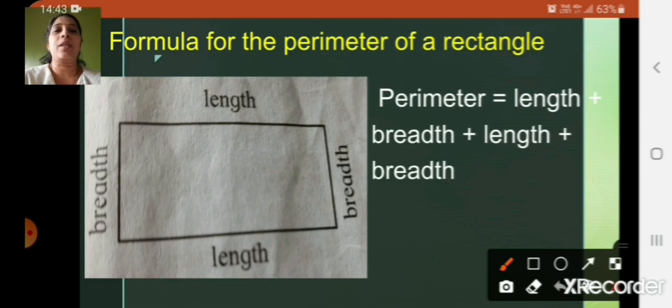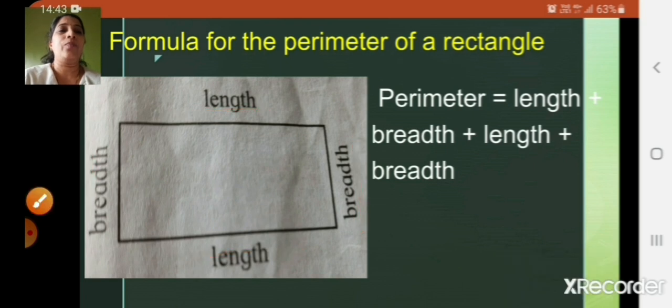This is the horizontal side, that is the length, and these are the vertical sides, those are your breadth, right? So for calculating the perimeter of a rectangle, the formula is length plus breadth plus length plus breadth, right? So what we used to do, we used to calculate all the four sides, that is length plus breadth plus length plus breadth.